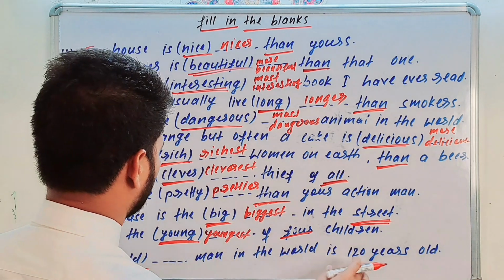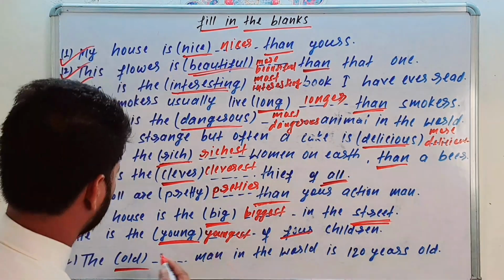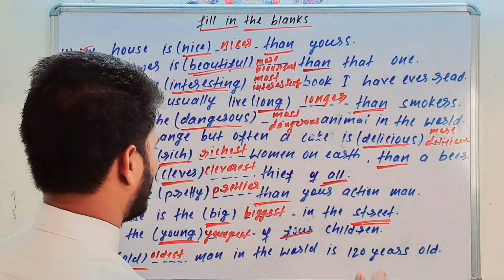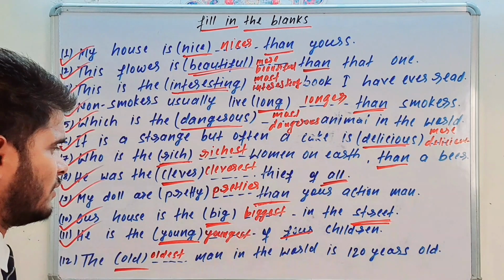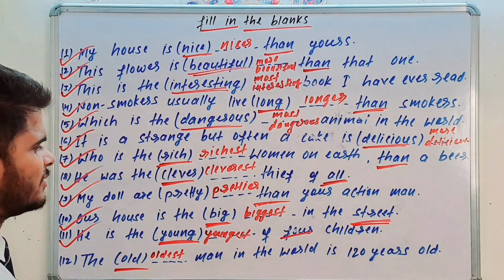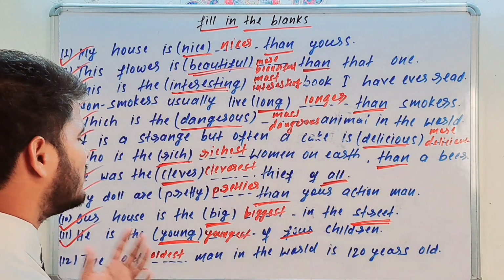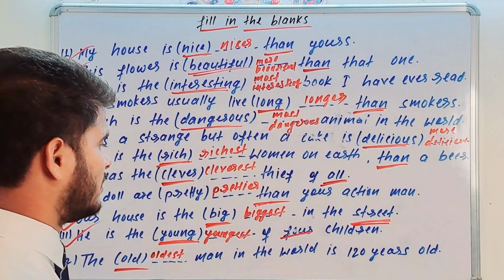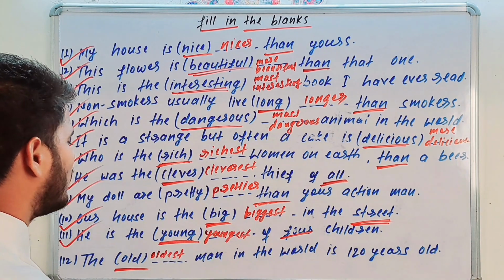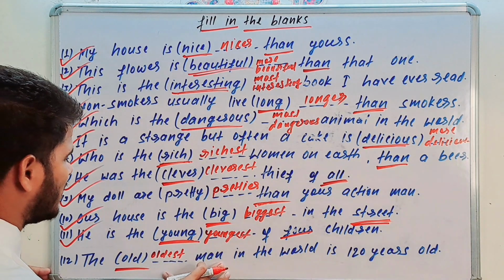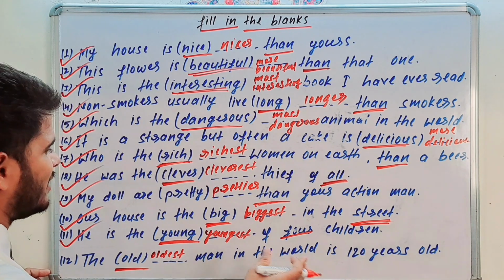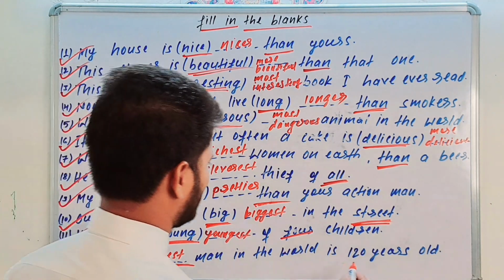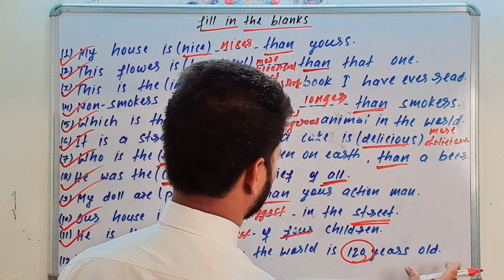The oldest man in the world is 120 years old. There will be one oldest man in the world, not more than one. So that's why we use superlative degree to select one in all, one in the world.